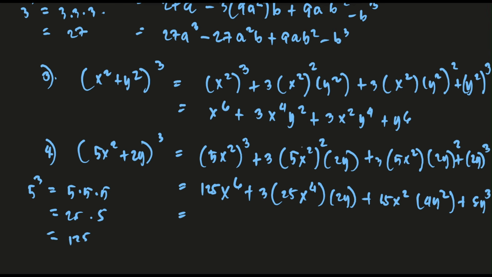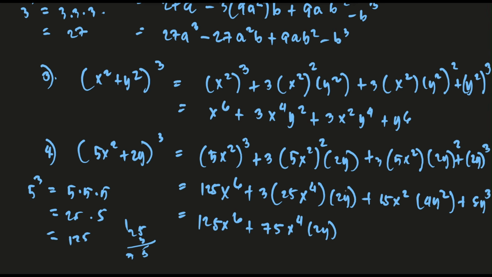Simplifying further, bringing down 125x to the power of 6. What is 25 times 3? That would definitely give you 75 x to the power of 4. 25 times 3, 5, 6, 75.